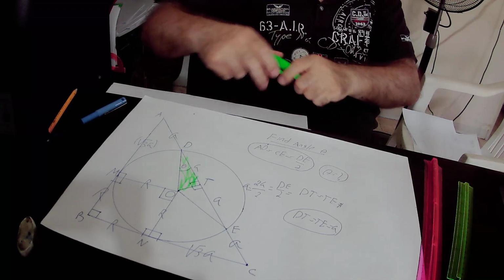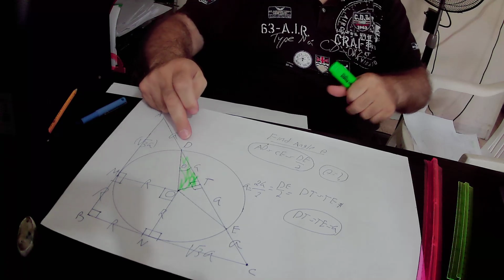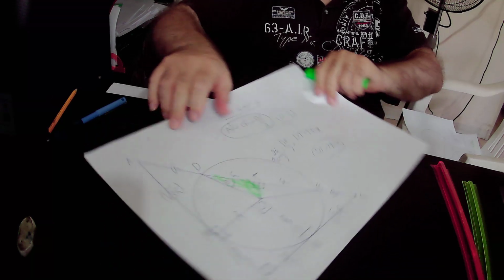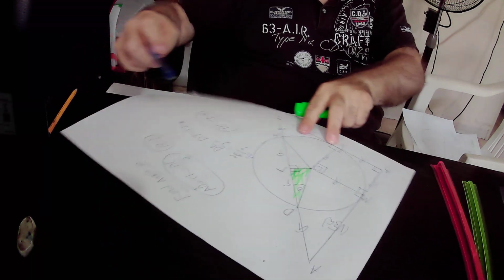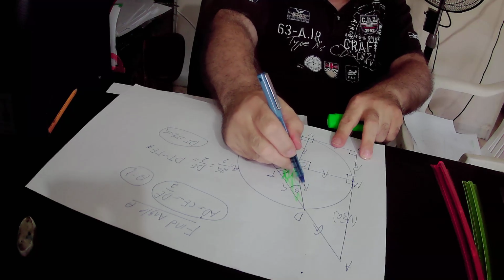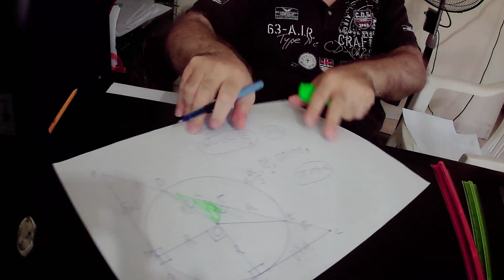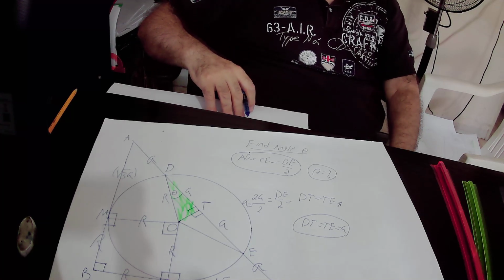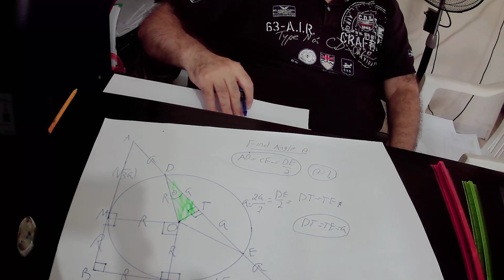Here point O is the center of the circle, point D is a point on the circle itself. This is exactly the definition of a radius. That is to say, OD equals the radius of the circle, that is equal to 1. So I'll copy the green right triangle DOT onto a new page, and we analyze triangle DOT.